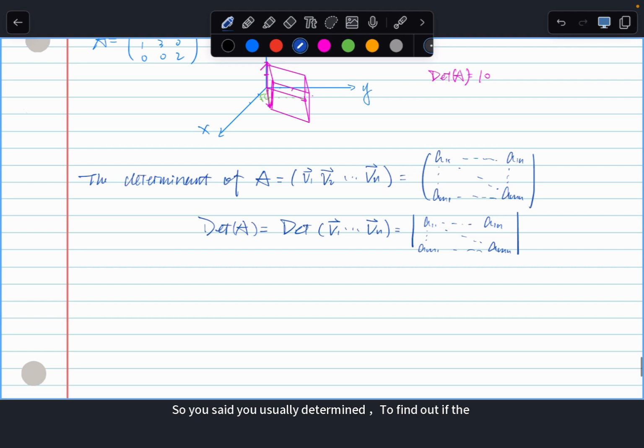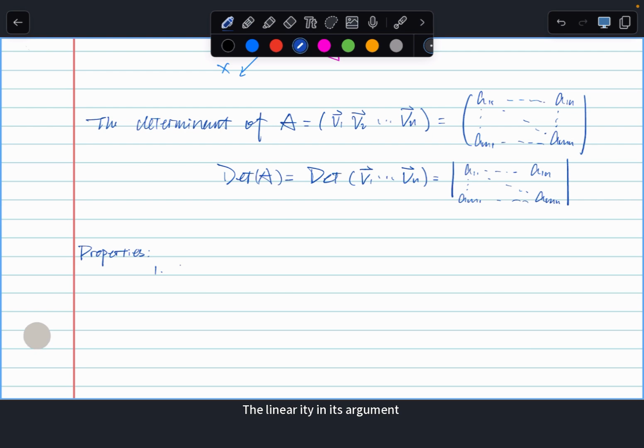So you said you use the determinant to find out if a matrix is invertible or not? Yes. So we're going to explore some properties, and that will be our result from the properties: the linearity in each argument.